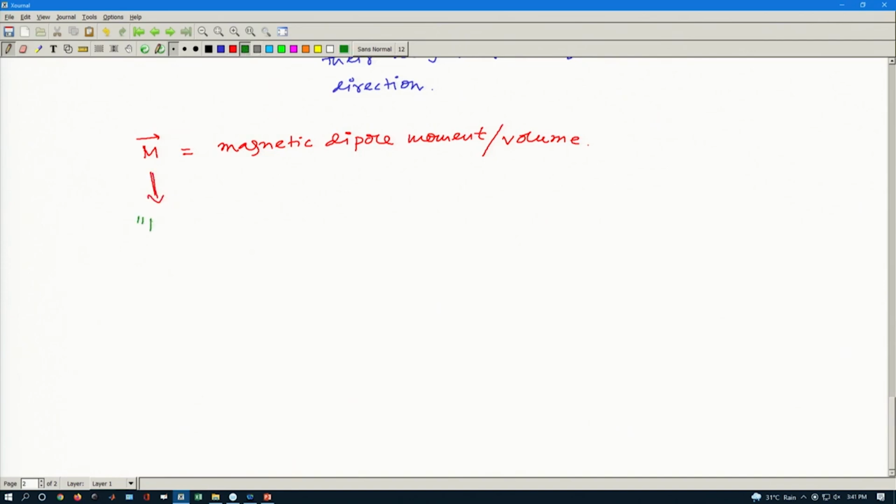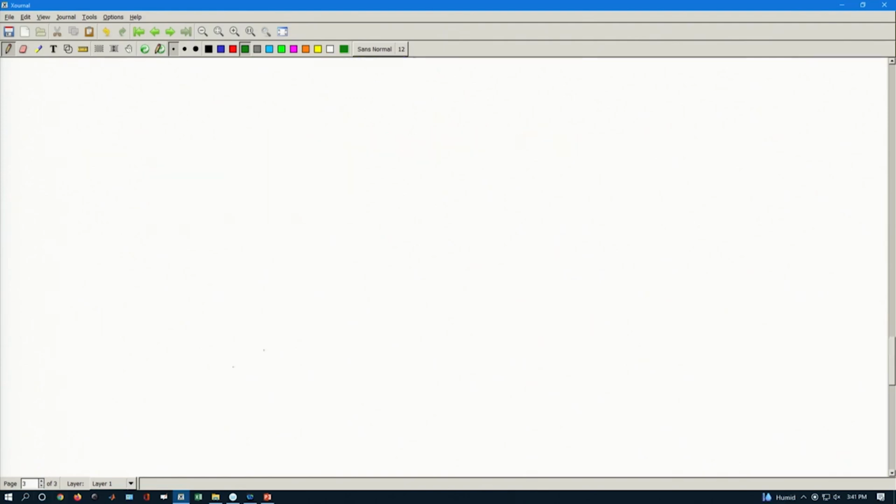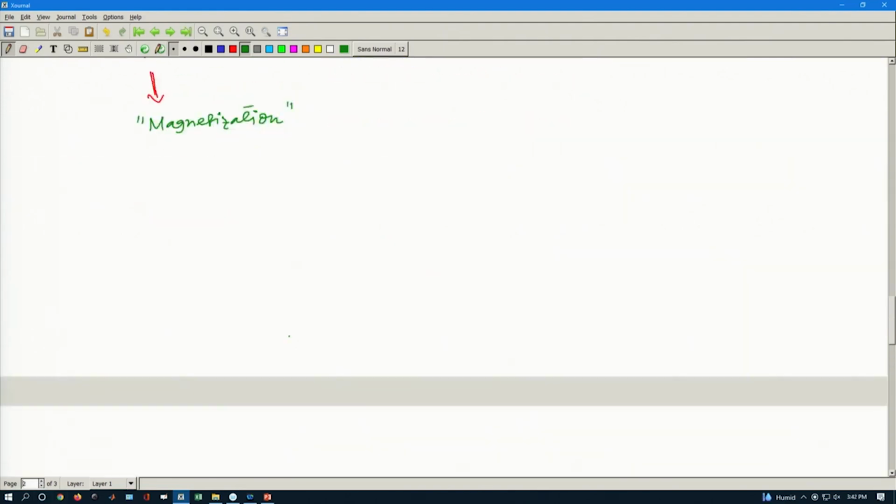Like polarization, it is called magnetization. So, magnetization is the magnetic dipole moment per unit volume. Polarization is the electric dipole moment per unit volume, and magnetization is like that.